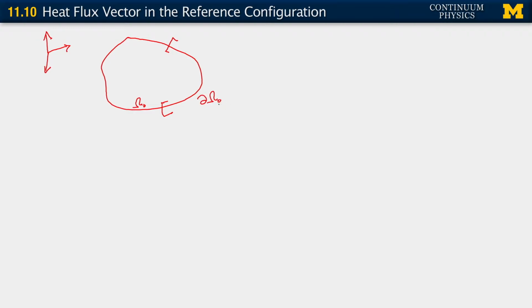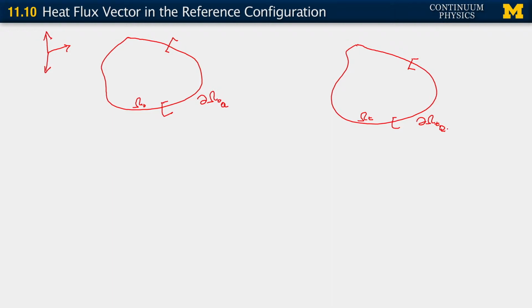So here I will call it partial of omega naught, capital Q. And in the current configuration, I will call it partial of omega naught sub t, also capital Q.